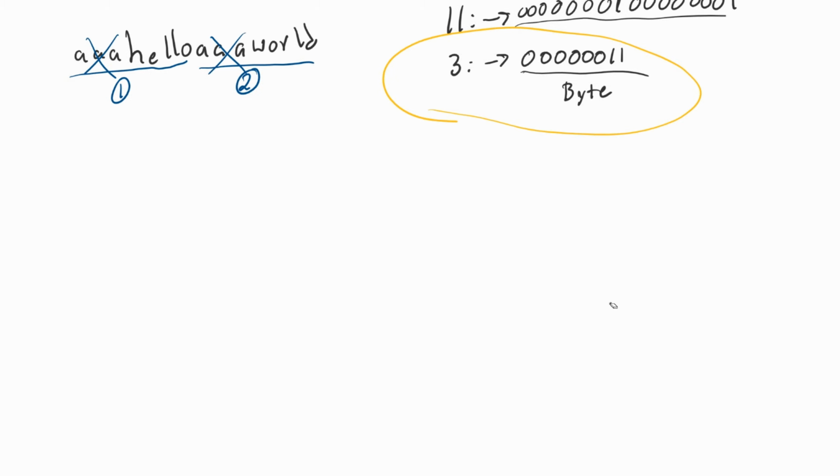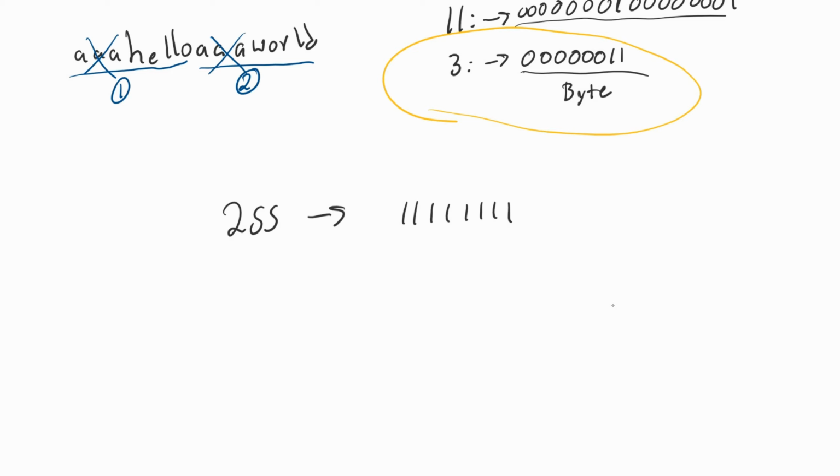And the other downside of this 8 bits, 1 byte mechanism is what happens if you need more than 8 bits? What if I wanted to say the number, for instance, 255? This is the same as 8 1s. This is the biggest number that you can represent with 1 byte.